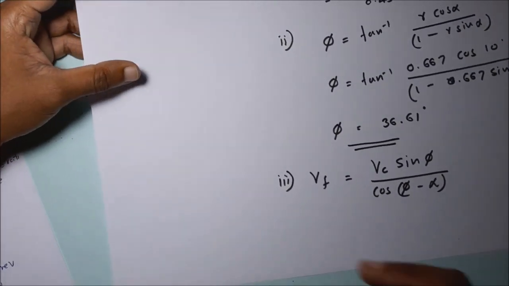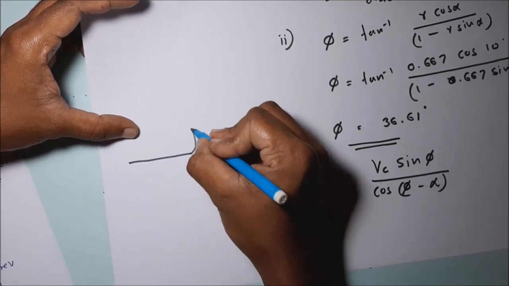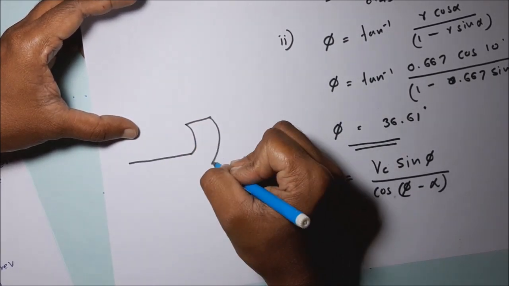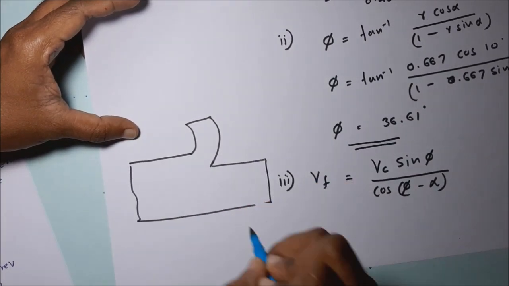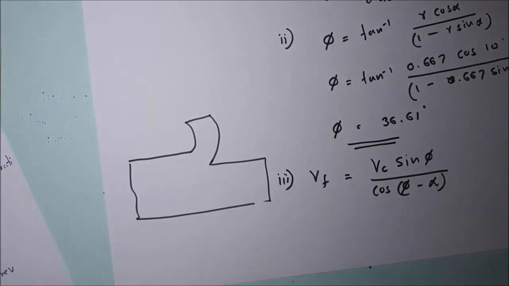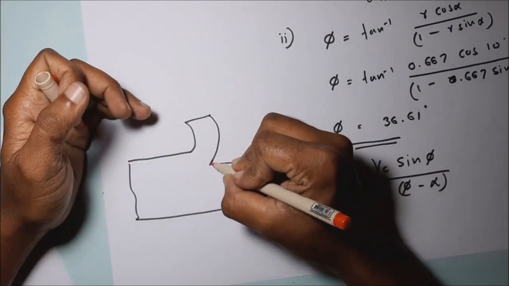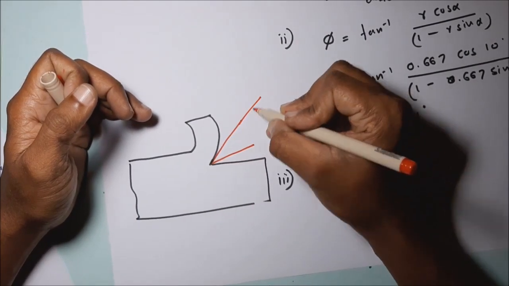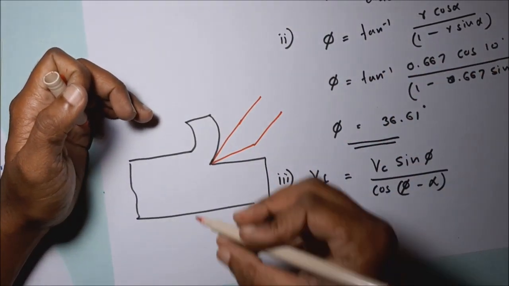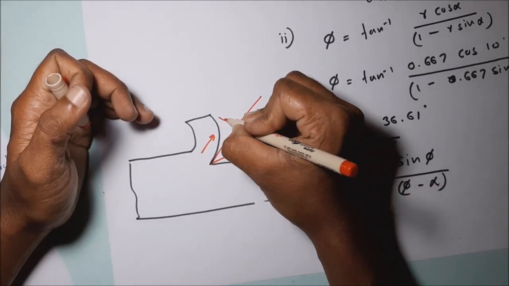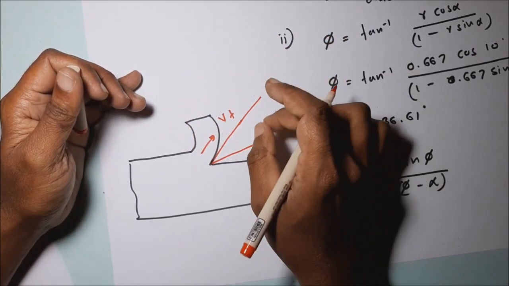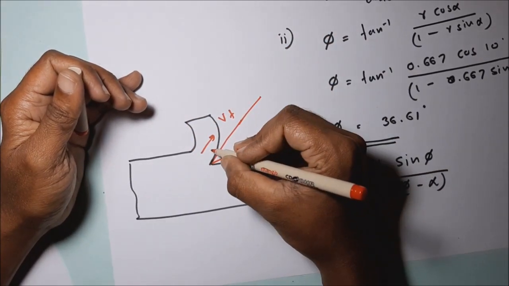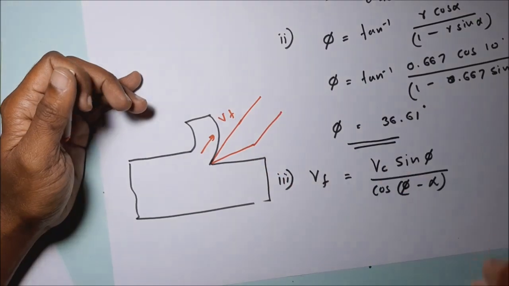In orthogonal machining, the velocity of the chip with respect to the tool face is called the chip flowing velocity.